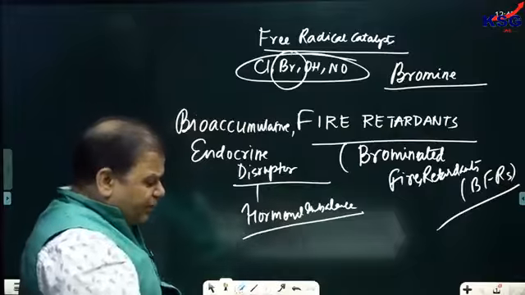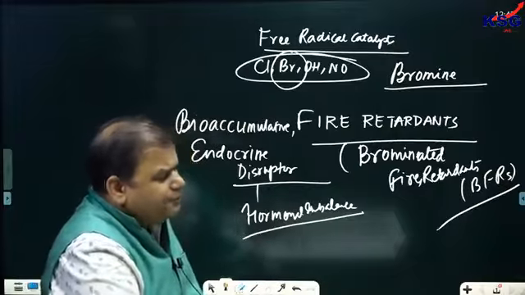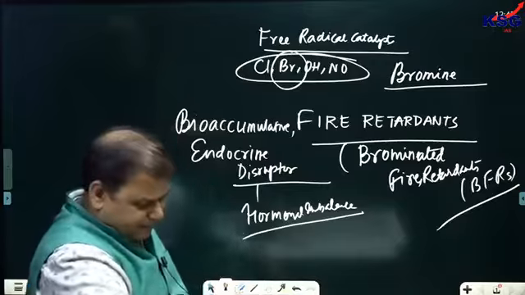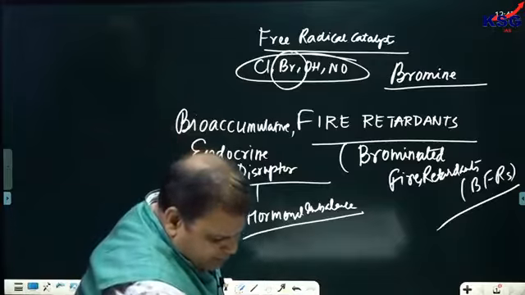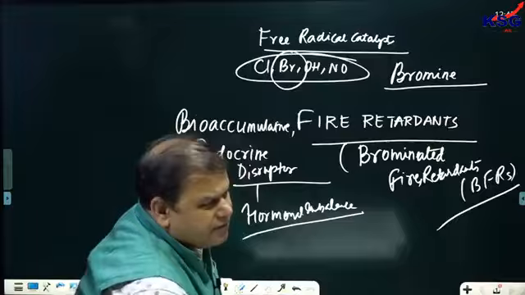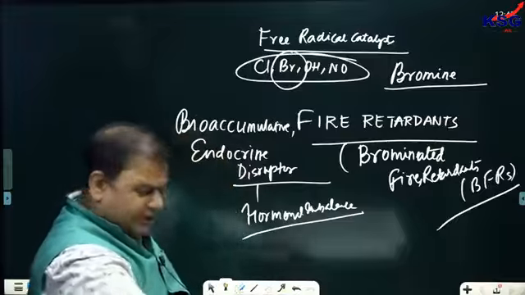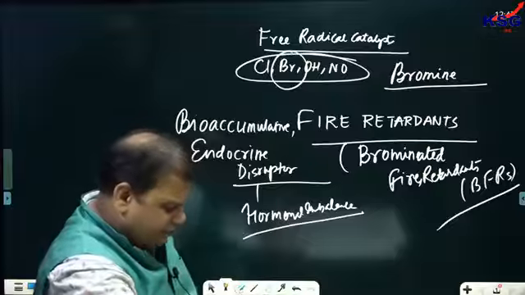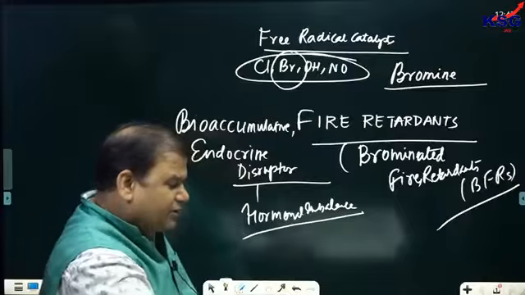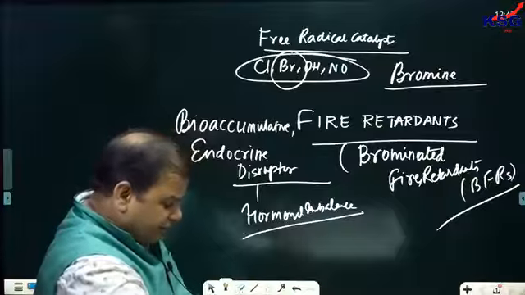See, there was a brominated compound, called methyl bromide. Methyl bromide is a brominated compound which has a more damaging impact. It was used initially as a pesticide in the field of agriculture.